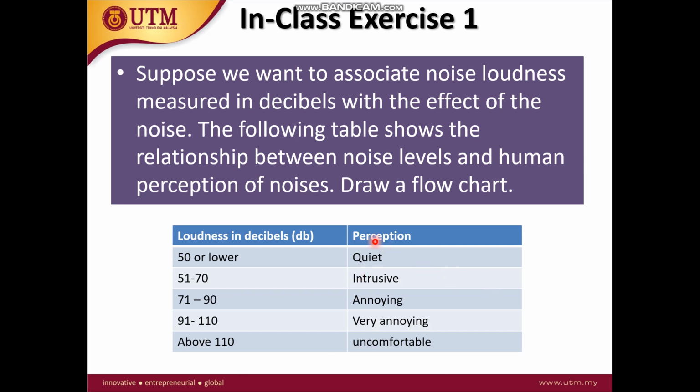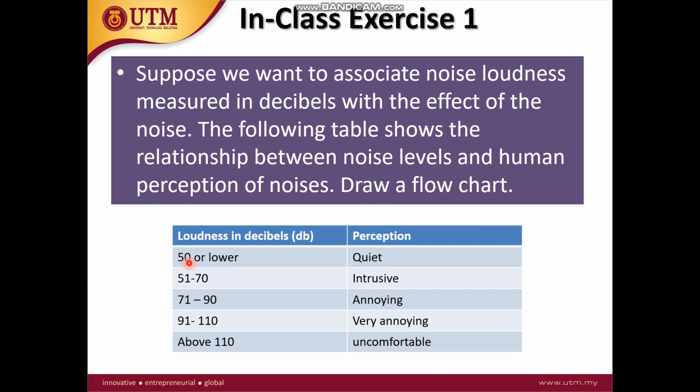Okay, this one is an in-class exercise. We are supposed to associate noise loudness measured in decibels with the effect of the noise. The following table shows the relationship between the noise level and the human perception of noise. Draw the flowchart of it.